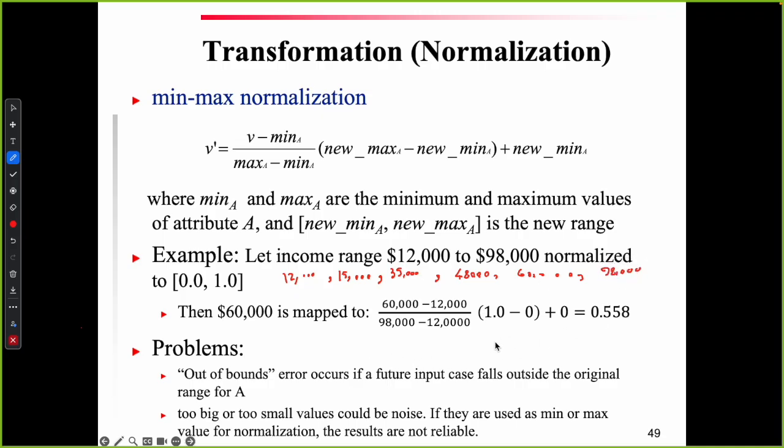To save space, I just told you to let income range between this and this, because in your formula you only need min, max, and then you need the value.